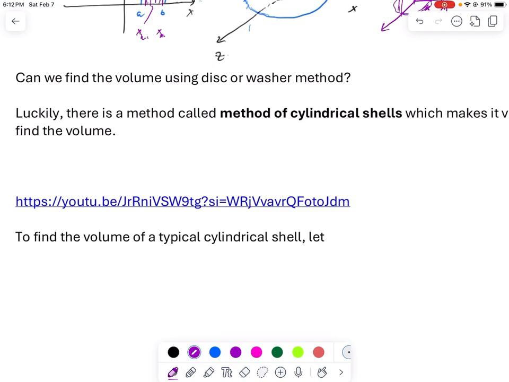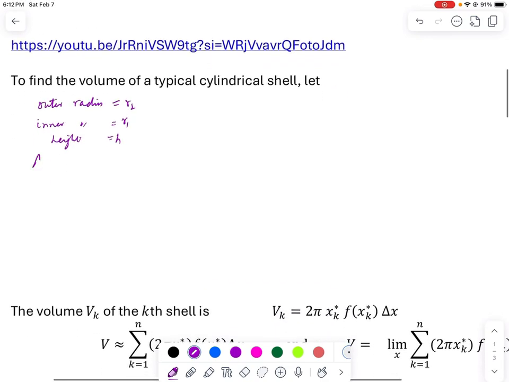Let the outer radius equal R2, the inner radius equal R1, and for now let the height equal H. Then remember the area of the cross section will be... so what will the cross section be if we have a shell?